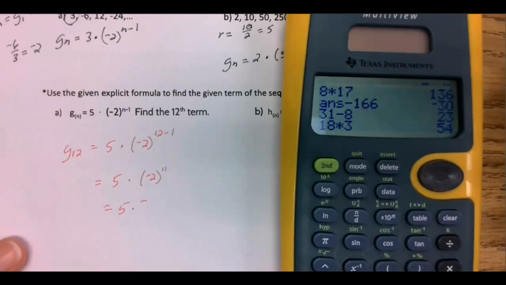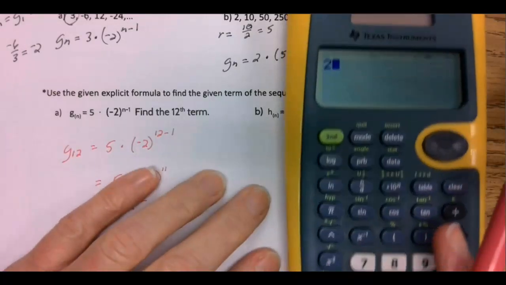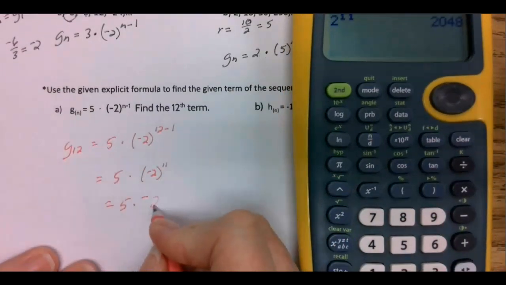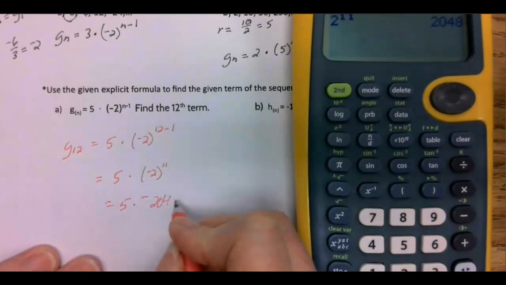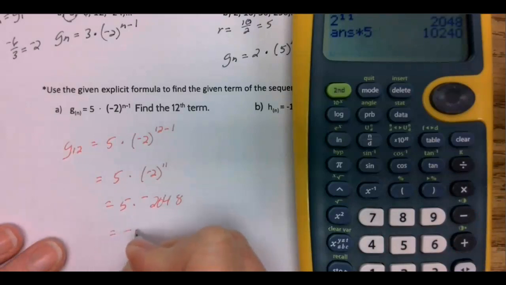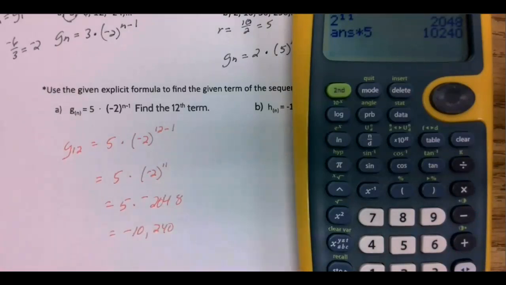So now I can just take 2, and remember we're going to use this caret key, to the 11th power, and I get 2,048. Multiply that times 5, and I get negative 10,240. So these are exponential, so they will go up really fast.